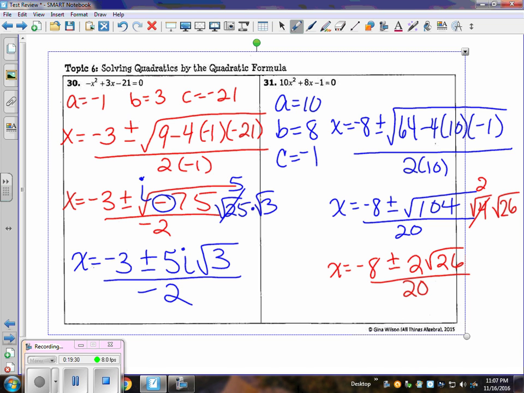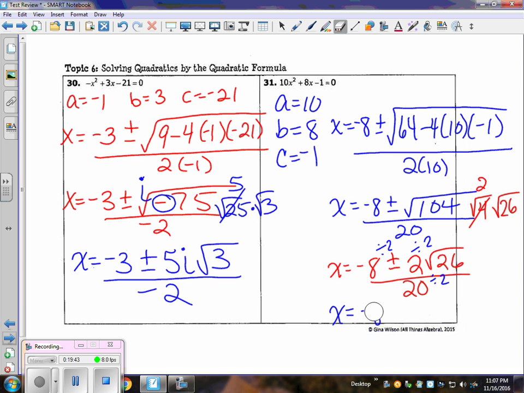And then you'll notice that all of those numbers that are outside of the root can be reduced by 2. So your final step, x equals, we have to divide by 2. -4 plus or minus square root of 26 all over 10. And that's it. Can't reduce that one any further.